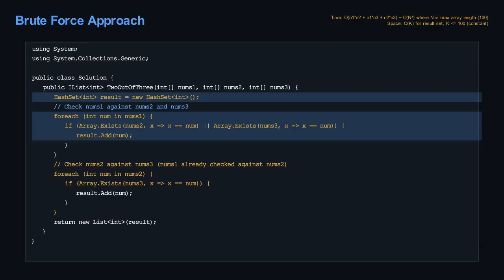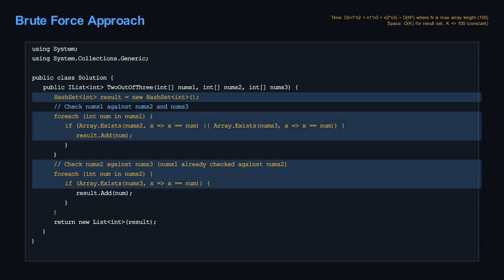For example, checking nums1 against nums2 and nums3 directly leads to a time complexity of roughly O(n1*n2 + n1*n3), and then adding O(n2*n3) for the remaining checks. Given array lengths up to 100, this could quickly become O(n^3) in the worst case, making it too slow for larger inputs. Space complexity would be OK for the result set.